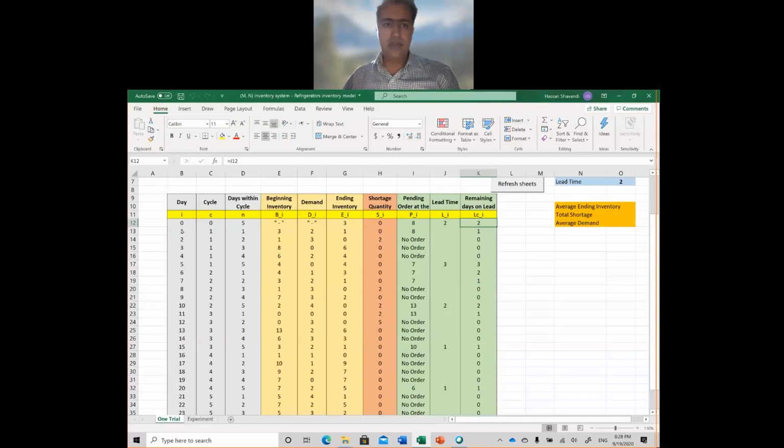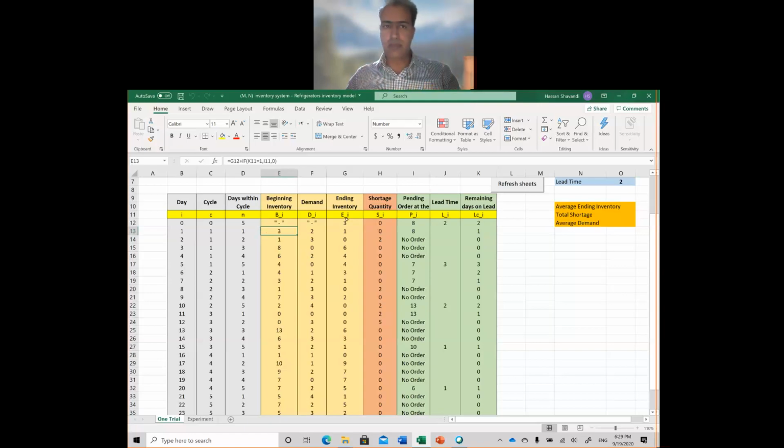This is the first day of the first cycle, so day 1, the cycle is 1, and days within the cycle is again 1. The beginning inventory, by the definition that we had in the lecture notes, in the row of 13, is G12, the ending inventory of the previous day, which is the last day of the previous cycle.